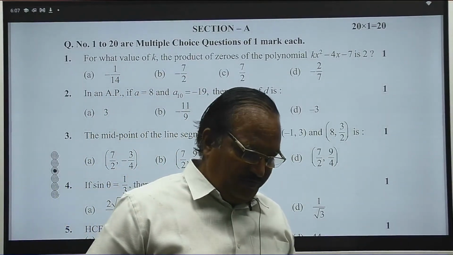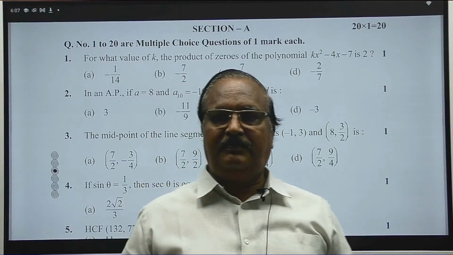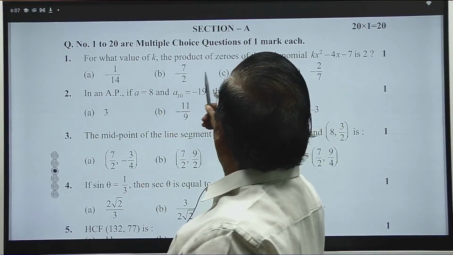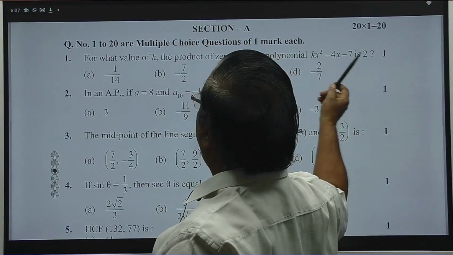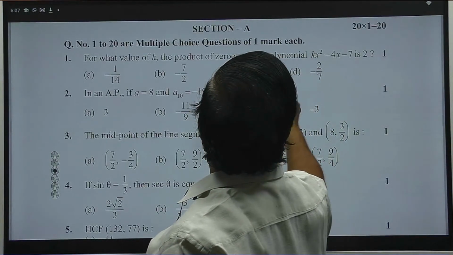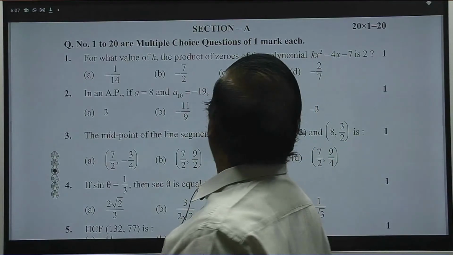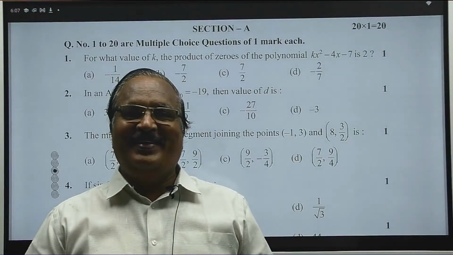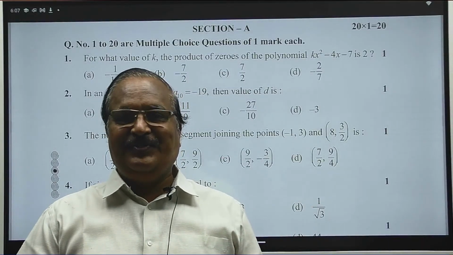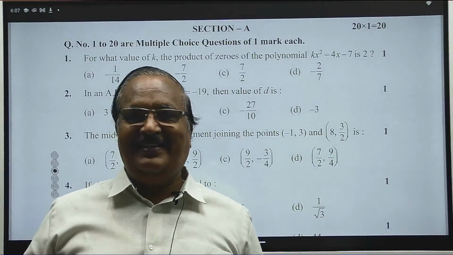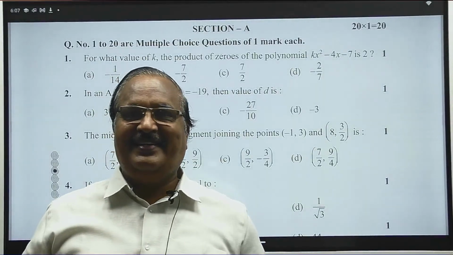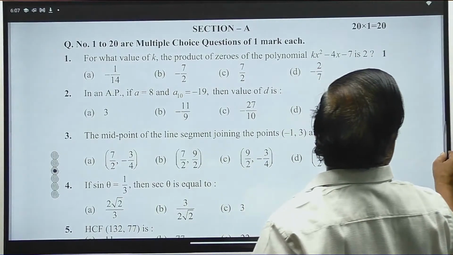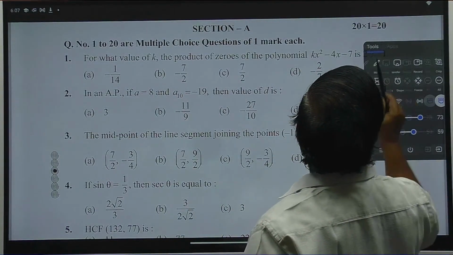For what value of k? The product of zeros is 2. Now I don't have space to do it, but I will do it here only. You also can do it like that, right? So now let me do this question.